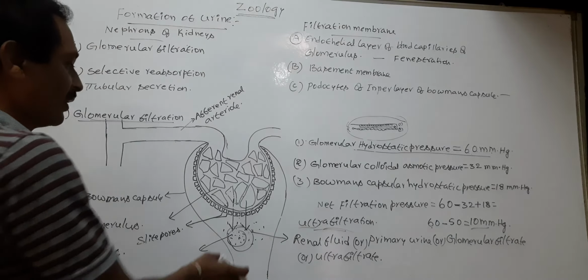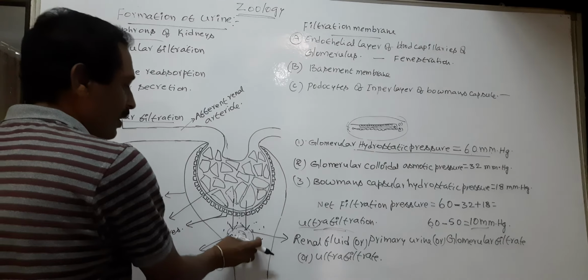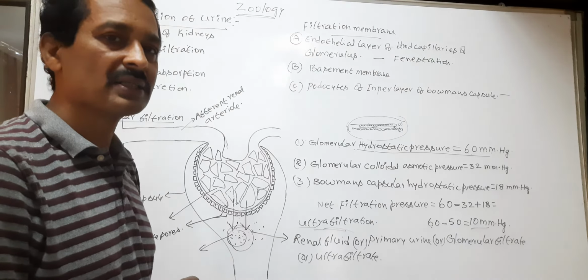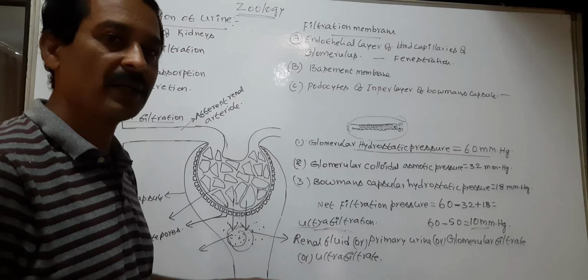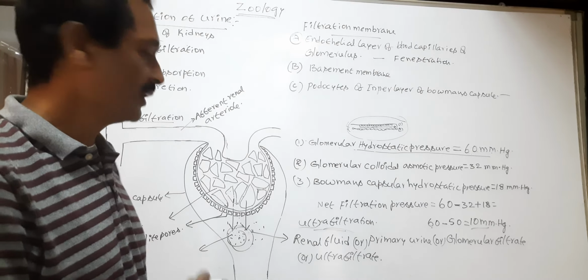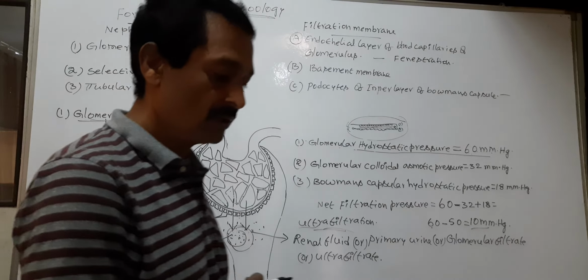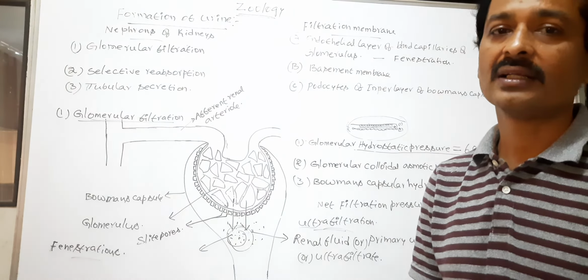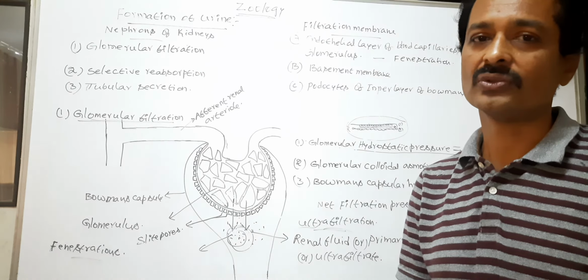Next, the primary urine passes through the different parts of renal tubule. Here, the primary urine possesses some essential substances to our body.